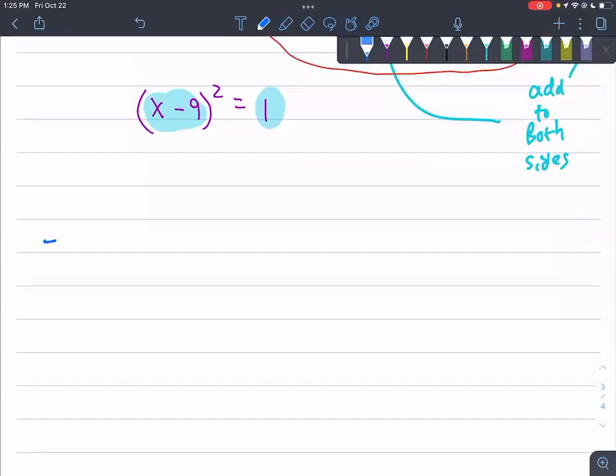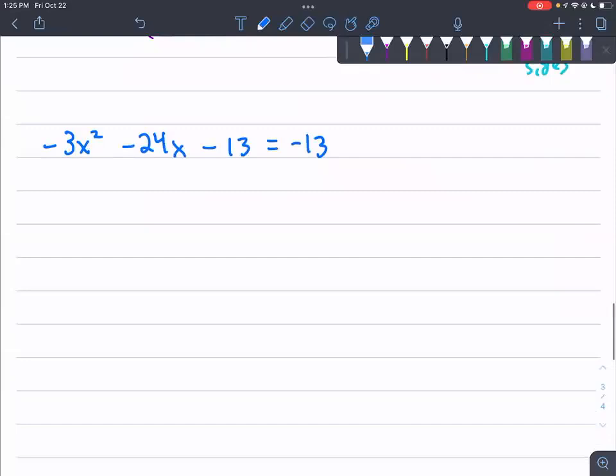Okay, so adding something else to it. Negative 3x squared minus 24x minus 13 equals negative 13. Same process. I'm just going to add a little wrinkle to the process on this one. Isolate the x's.